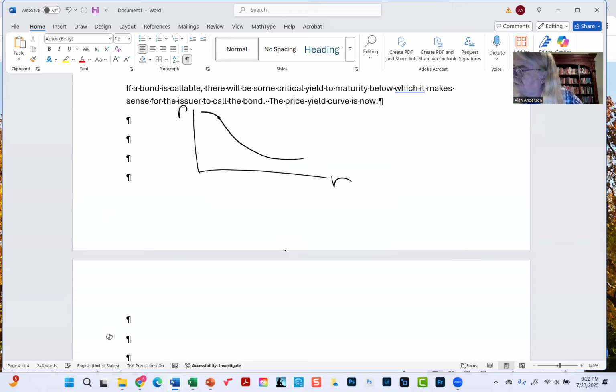This is that critical yield I was telling you about, R star. And so what happens is the curve is completely normal from R star up. But once it falls below that R star, the curve starts to bend back on itself. And what happens is in this region of the curve, we have what's called negative convexity.